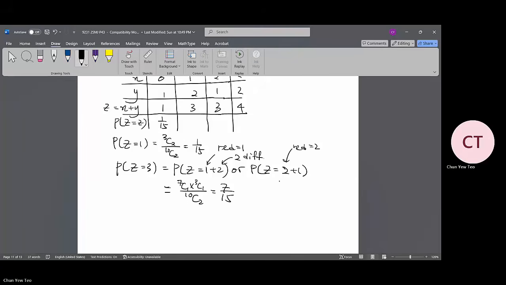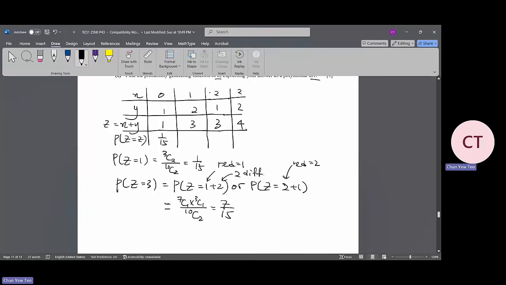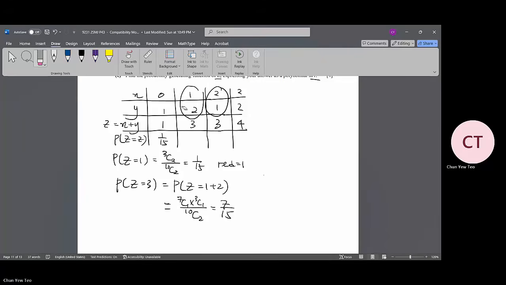And then just now I mentioned 1, 2, right? Now it's 2, 1 over here. This one we calculate another one. So over here, this one is the 7 over 15. What about the 2, 1?